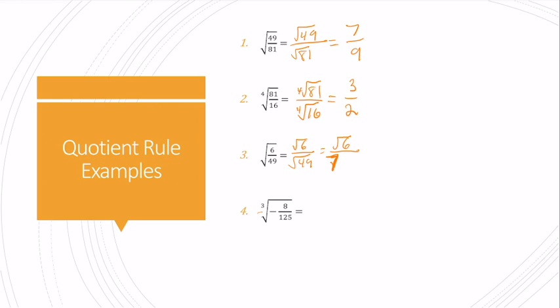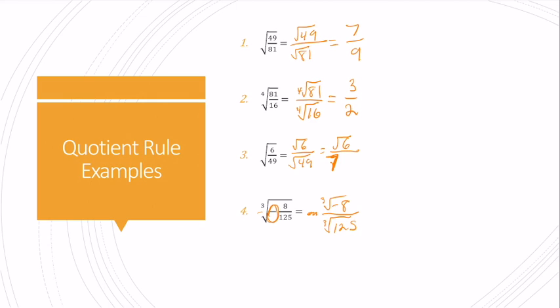Last but certainly not least, let's take a cube root, shall we? So I have the negative cube root. How do I want to do this? I'm going to take the cube root of -8 over the cube root of 125.